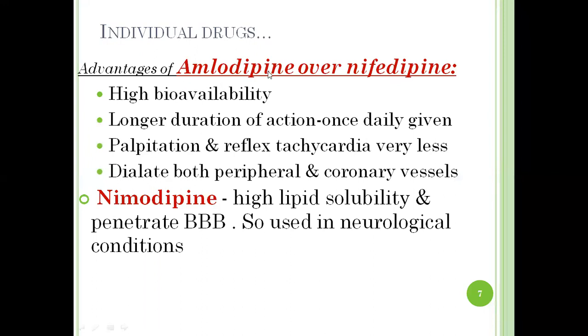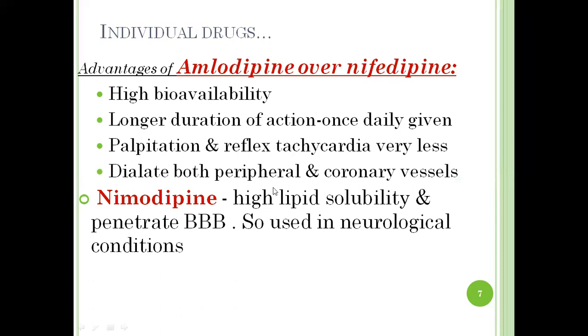Amlodipine, which is the most commonly used calcium channel blocker, has certain advantages over nifedipine. It has high bioavailability and longer duration of action, so once daily dosage is enough. It can cause palpitation and reflex tachycardia, but compared to nifedipine, the chance of palpitation and reflex tachycardia is very less.